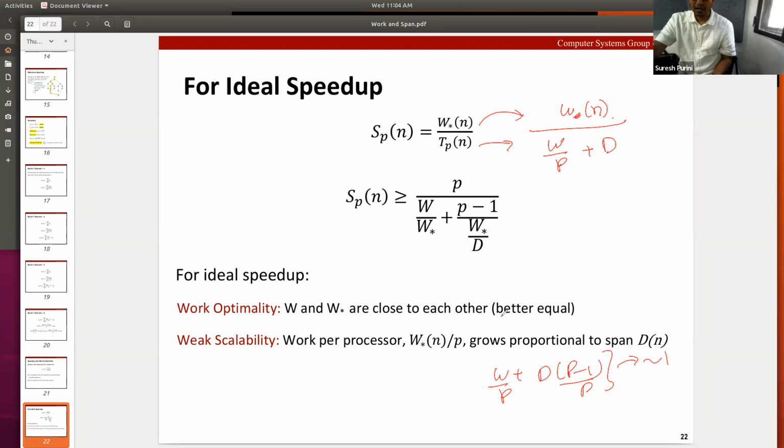Something is okay. Let's use this one and do the analysis. Something is not adding up. I have to check because T_P is W by P plus.